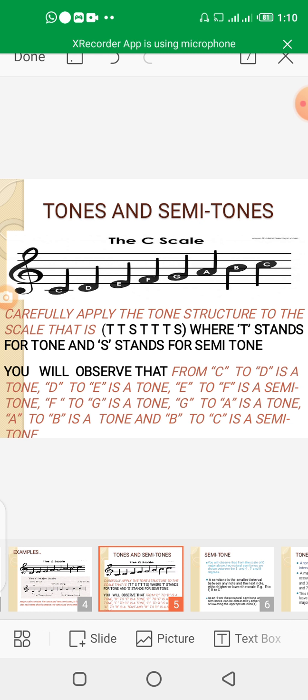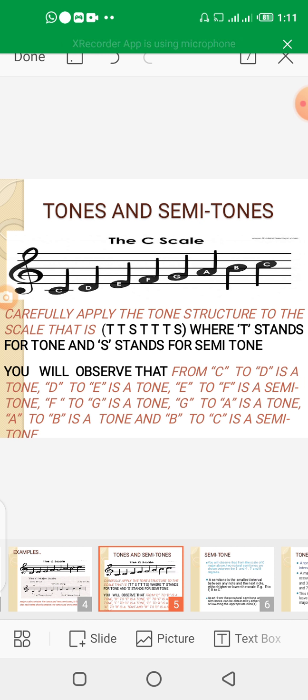So these are the tones and the semitones in a scale. You know that from C to D is a tone, from D to E is a tone, from E to F is a semitone, from F to G is a tone, from G to A is a tone, from A to B is a tone, and finally from B to C is a semitone.